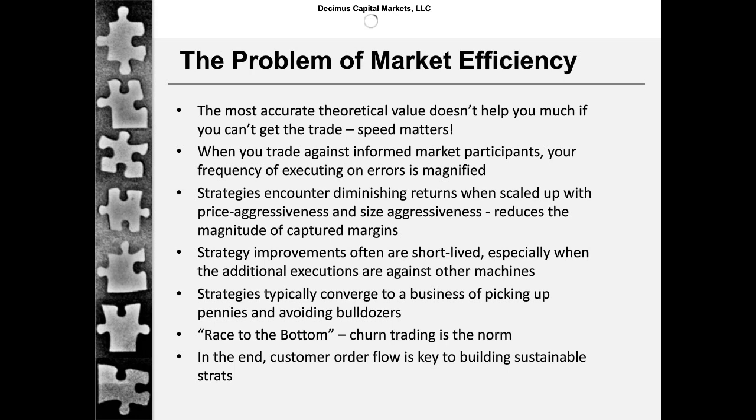One thing, another bullet here, I say strategy improvements are short-lived, especially when the additional executions are against other machines. We always enhance our models, put in adjustments, we make money. Oh, we're so smart. We have this way to extract edge. Then a few weeks later, it's gone.